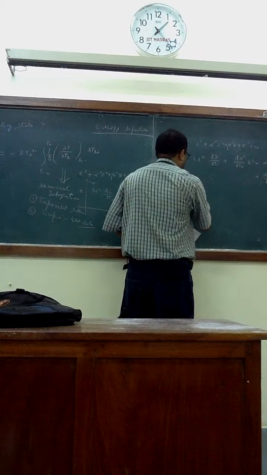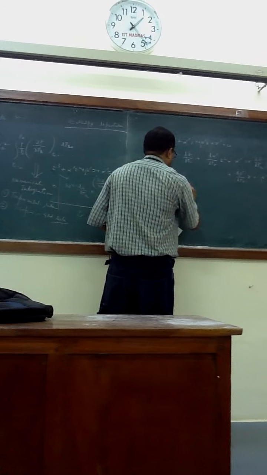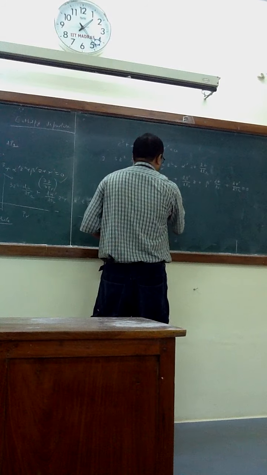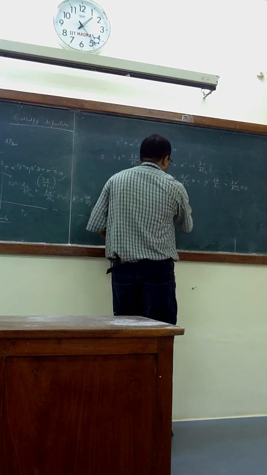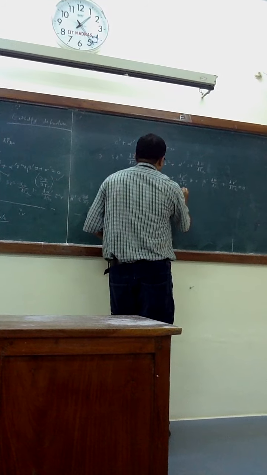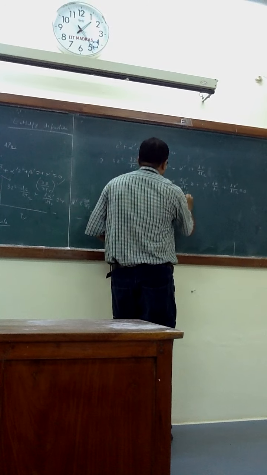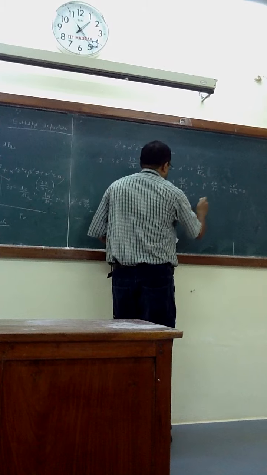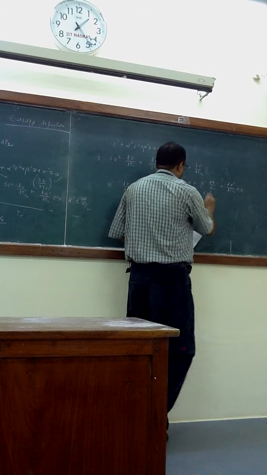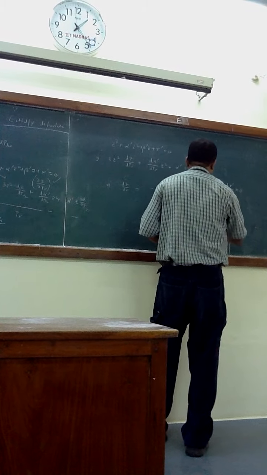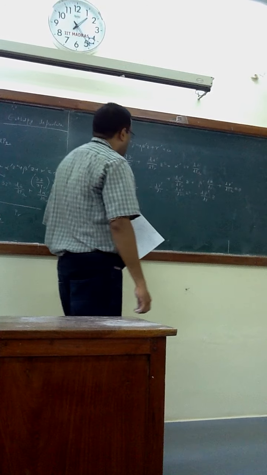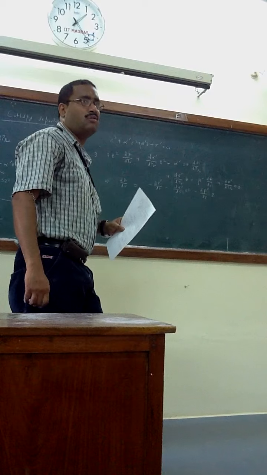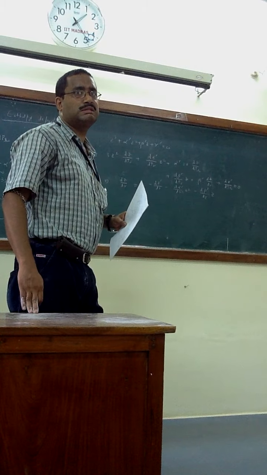What will you get then for dz/dTr? It is minus d gamma prime/dTr minus d alpha prime/dTr z squared minus d beta prime/dTr z. Am I correct? Numerator? Yes or no?